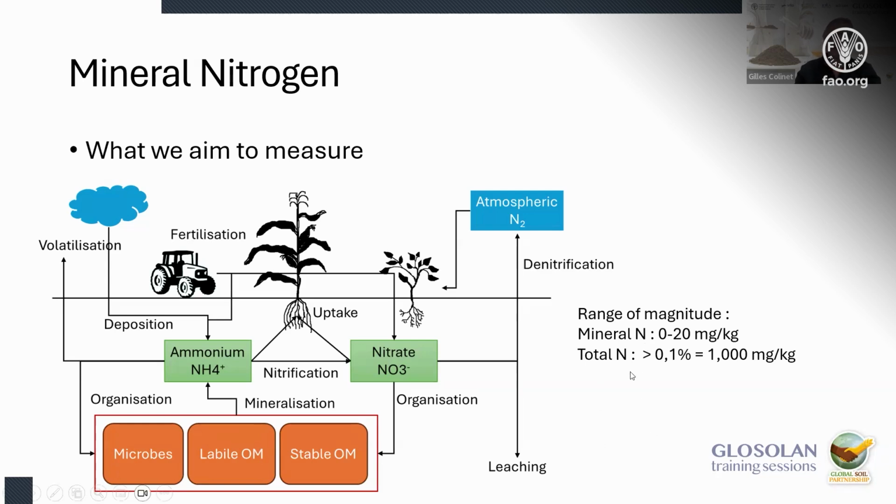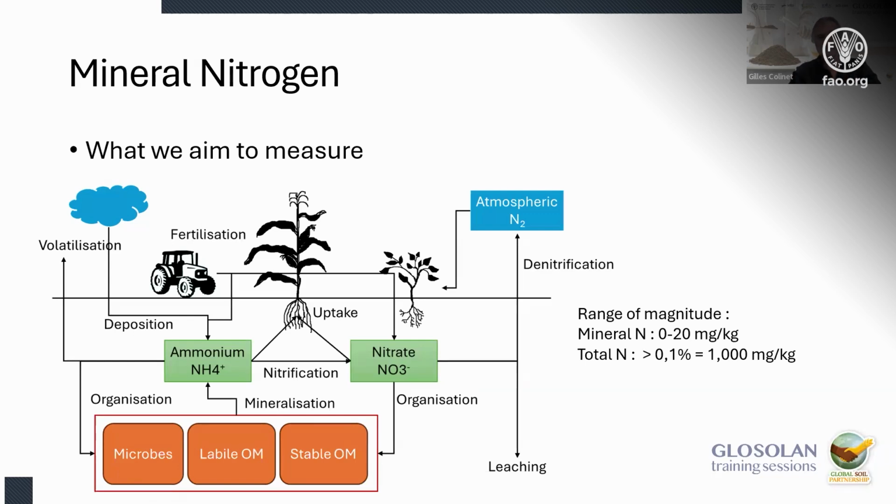To give you an idea about the ranges of magnitude of the nitrogen content in the soil, mineral nitrogen is usually measured in milligrams per kilogram of soil, and most concentrations are between 0 and 20 milligrams per kilo of nitrate or ammonium. If you look at the total nitrogen, the mean level in crop soil is 0.1%, so it means 1,000 milligrams per kilo.